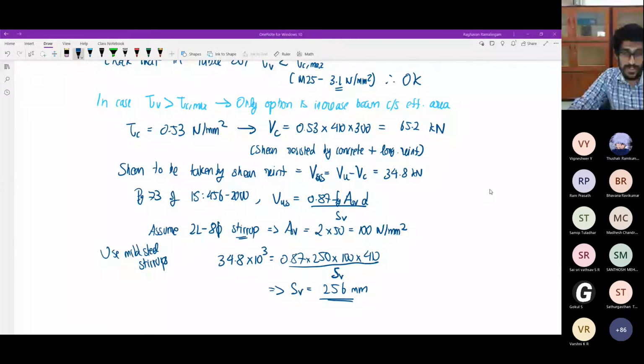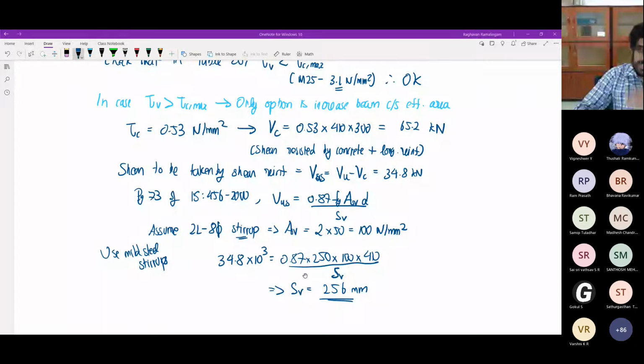Yeah, it should not be more than 300 mm. Okay, it's written in clause 26.5.1.7. It is same for everything. So your spacing restrictions for shear reinforcement is given here. The limit is 300 mm as long as you do not have torsion. Because this is 256, we will give something which is lesser than this.